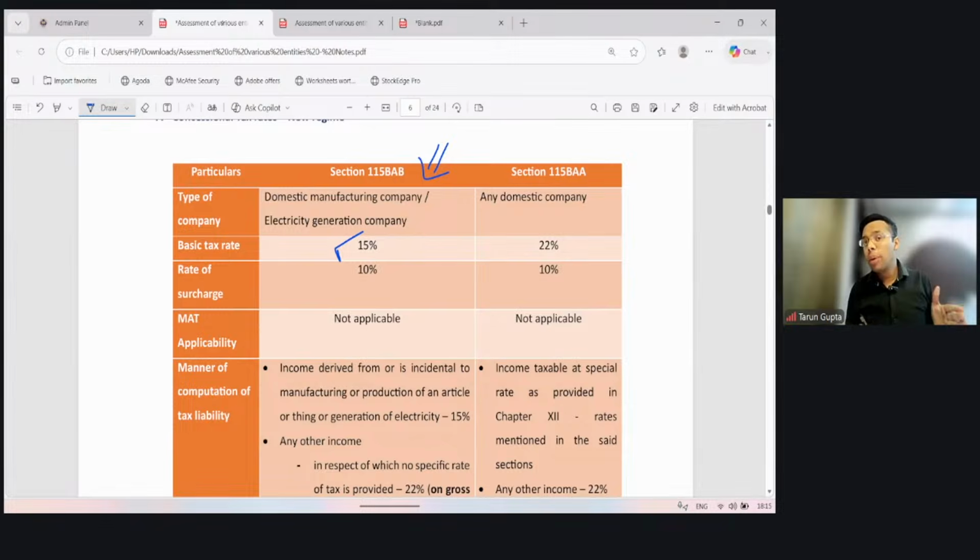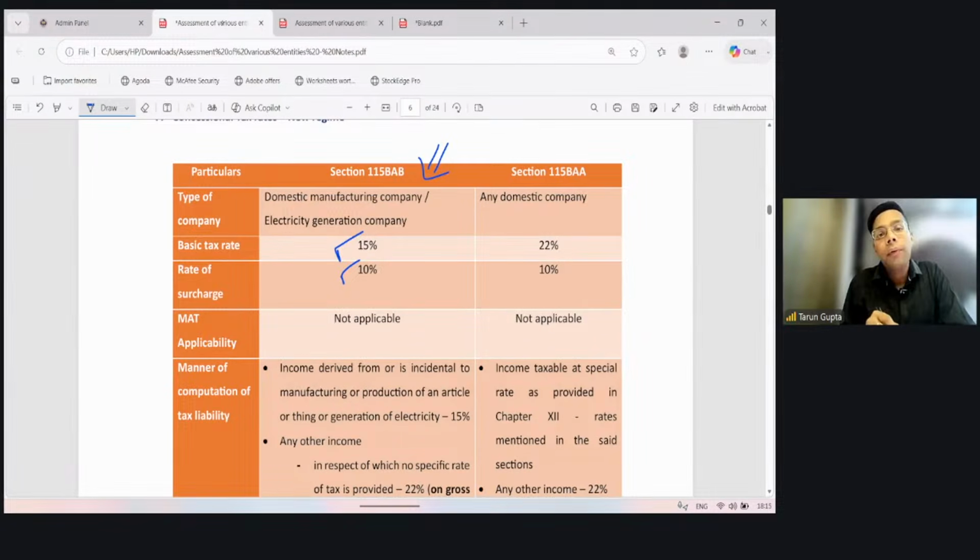But if you're a manufacturing company incorporated on or after 1 October 2019 and commence manufacturing or electricity generation on or before 31st March 2024, then the tax rate applicable on such income is 15%. In this case, a surcharge of 10% is applicable irrespective of the income. So it's a mandated surcharge; even if your income is less than 1 crore, a 10% surcharge is still applicable.